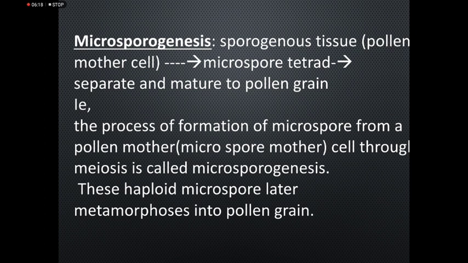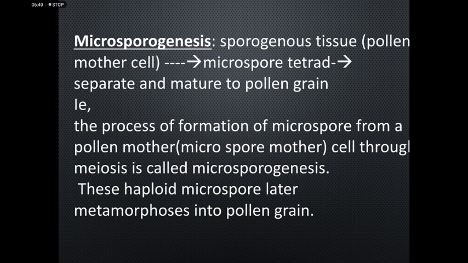Microspore tetrad means four spores together. You already understood that due to meiosis, four spores are produced and they are haploid in nature. This microspore tetrad later separates and matures into pollen grains.